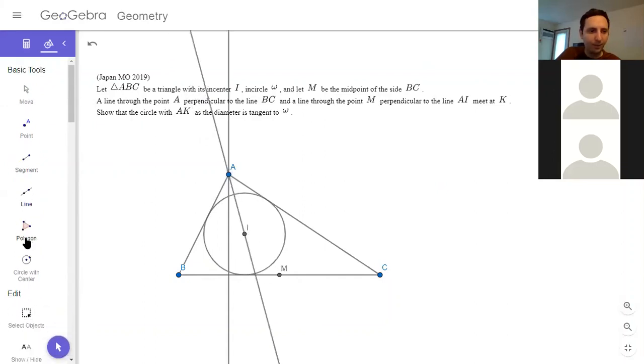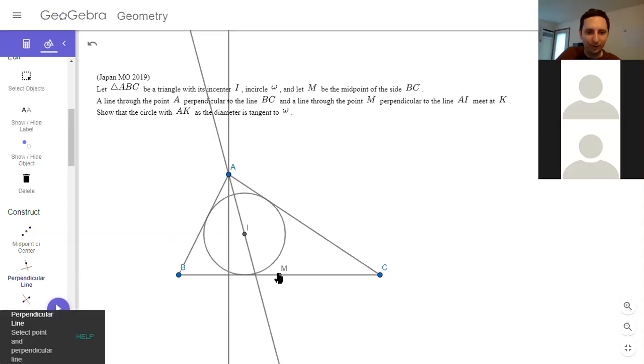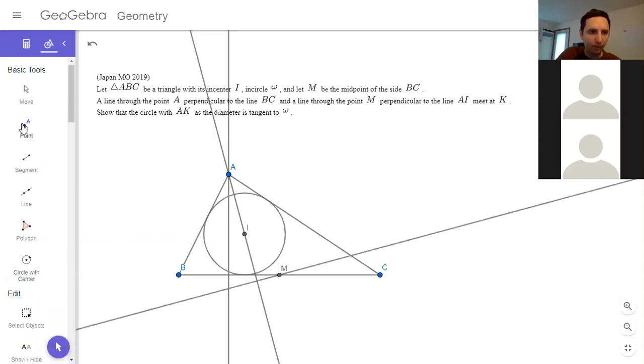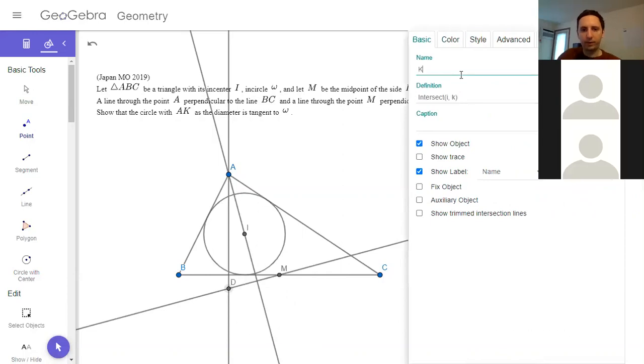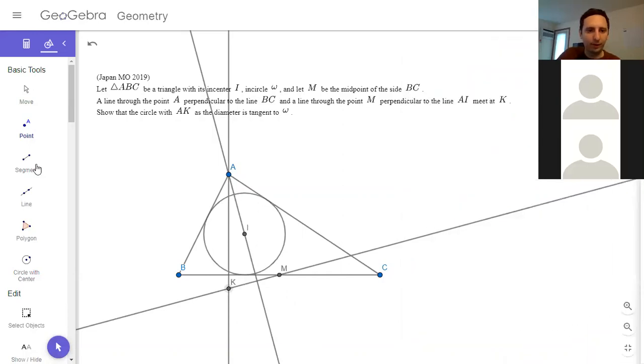I feel like I've seen something like this before. This looks pretty familiar. So those two meet at point K. We want to show the circle with diameter AK is tangent to the incircle. It's kind of interesting.